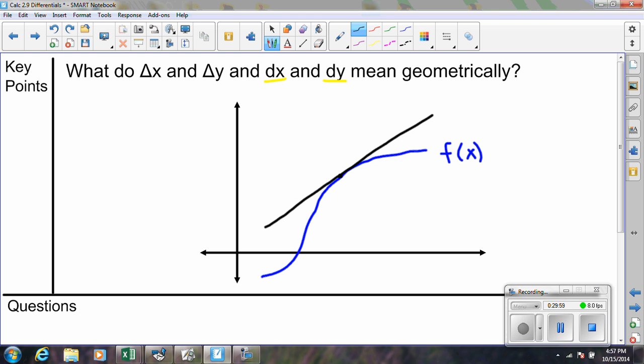okay? And I intentionally drew this tangent line not supremely perfect because what we're going to concern ourselves with is we could pick an x value, x1 to x2.